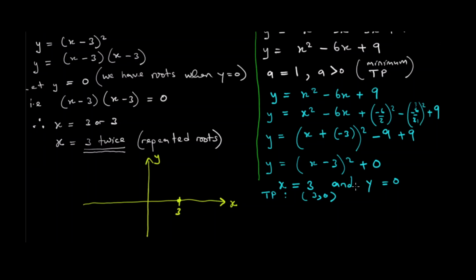And when we talk about our turning point, it turns out it's a minimum turning point, and the coordinates are 3, 0, just here. So it's going to be like this. When it looks like this, we are done. I want to emphasize using completing the square to get the coordinates of the turning point.